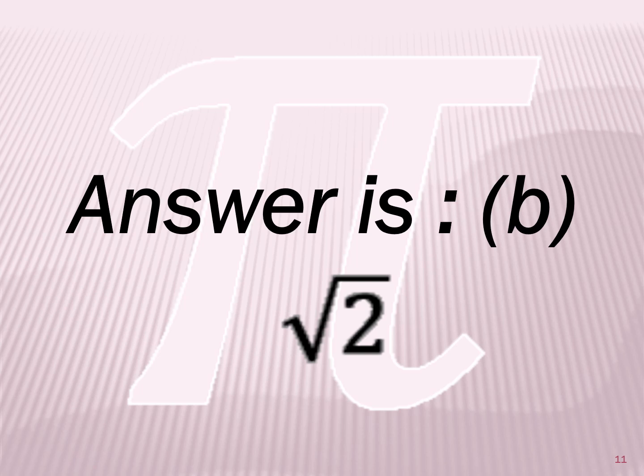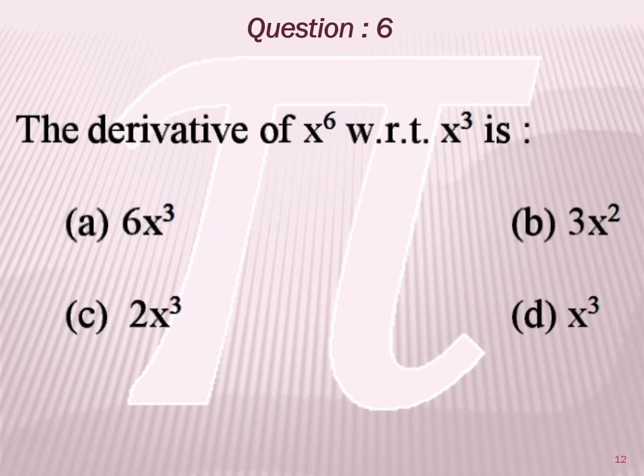Now, derivative of x raised to the power 6 with respect to x raised to the power 3 is option A, 6x cube, option B, 3x square, option C, 2x cube, option D, x cube.